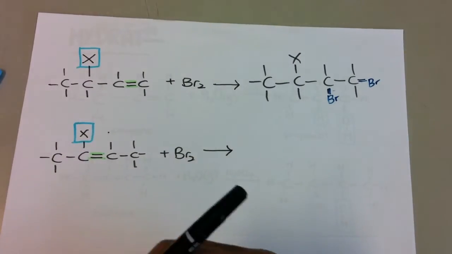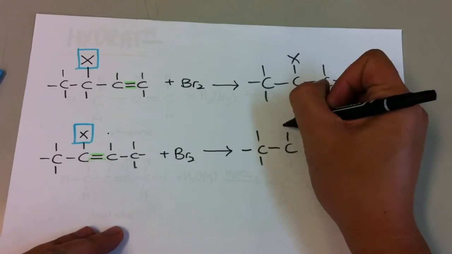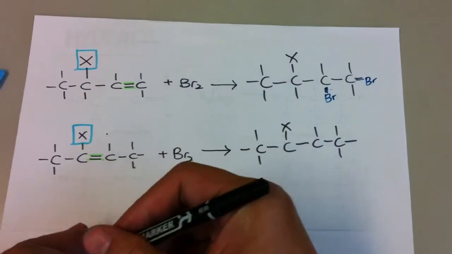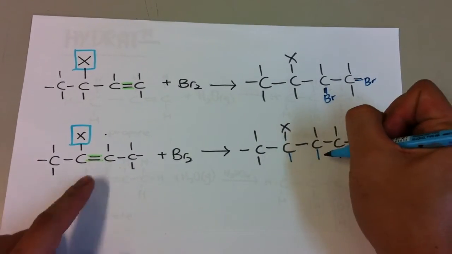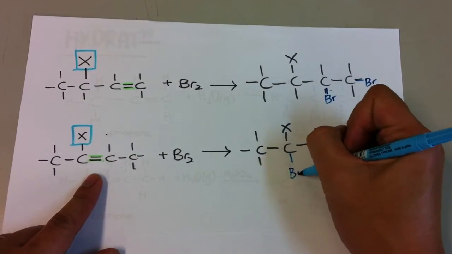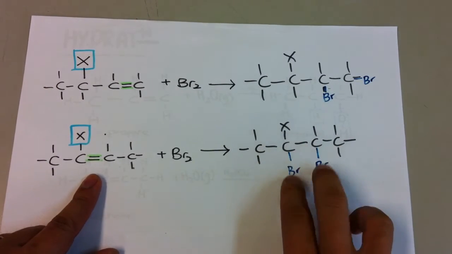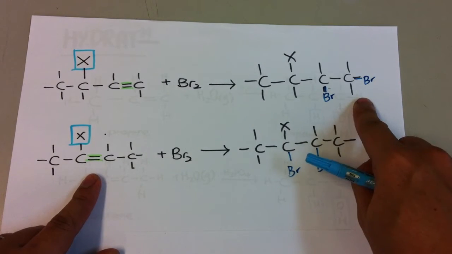Let's look at this one here. If you break the bond, draw everything first, just to see. If the bond is broken, you get two new bonds here. Bromine will be attracted and bond there. So notice this compound and this compound are different.